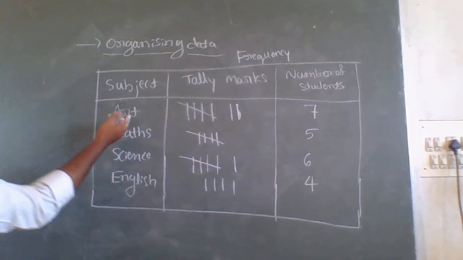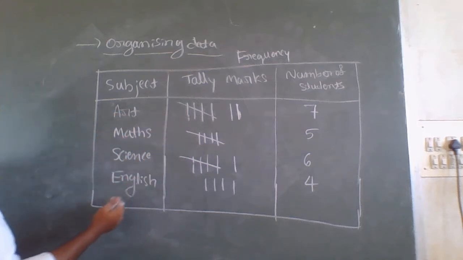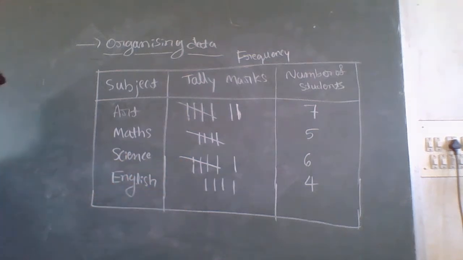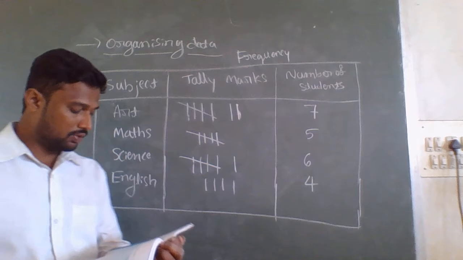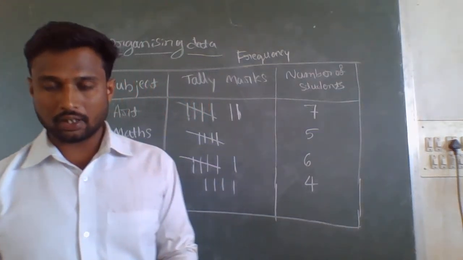What is the frequency of art? 7. Maths 5, science 6, English 4. That is called frequency. Frequency gives the number of times that a particular entry occurs.